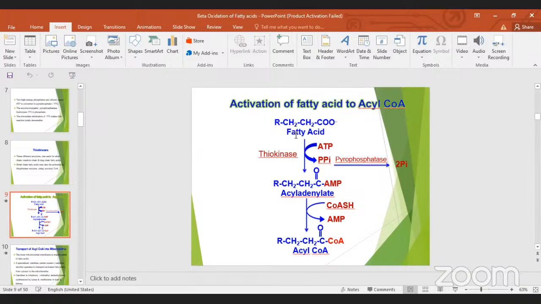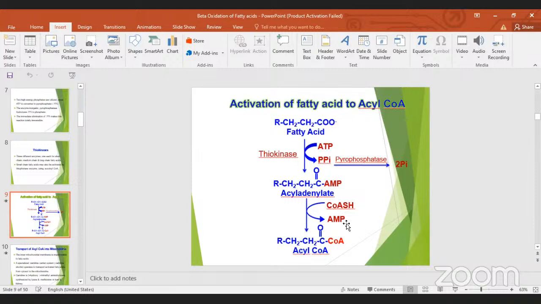This fatty acid is converted, utilizing the enzyme thiokinase, some amount of ATP and magnesium ions, to form the acyl adenylate.